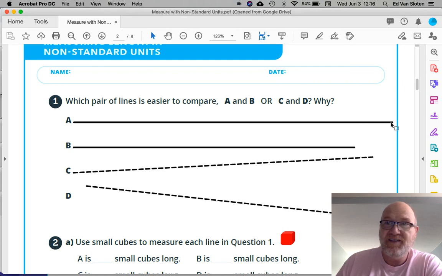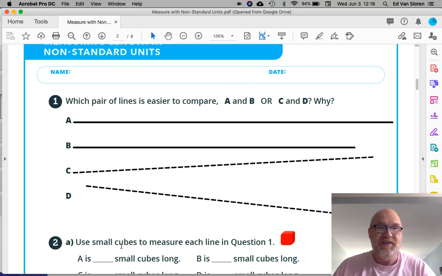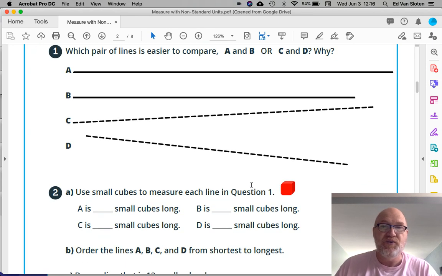And it's very easy to tell that A is longer than B. Here, C and D is harder to tell. You can still tell C is longer and D is shorter, but it's easier and quicker with A and B. And then it says use small cubes.